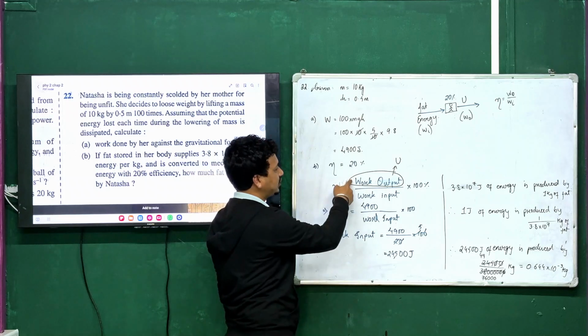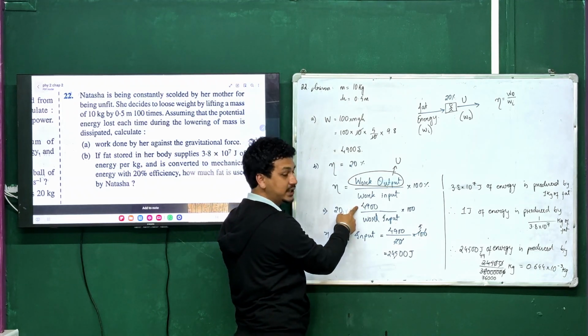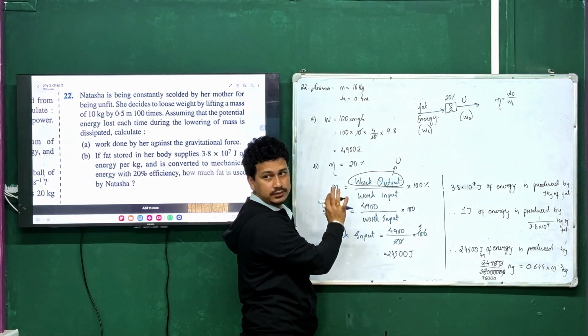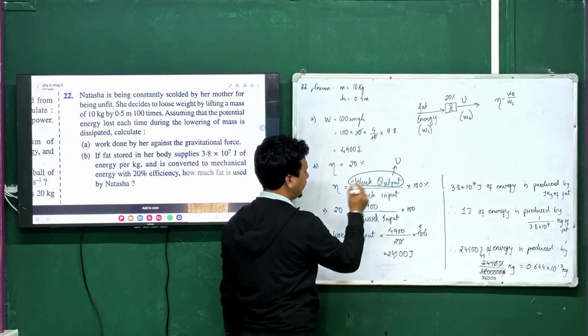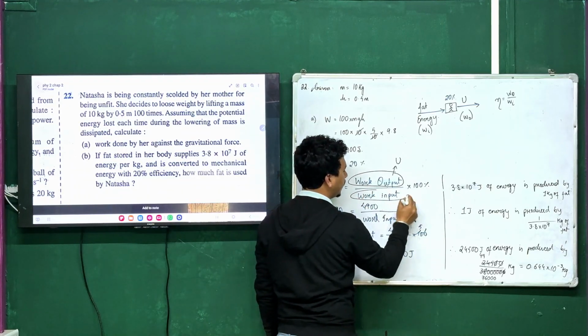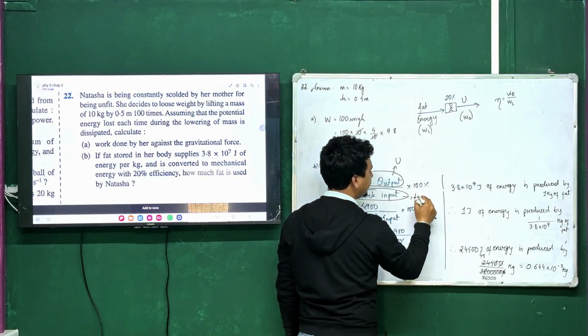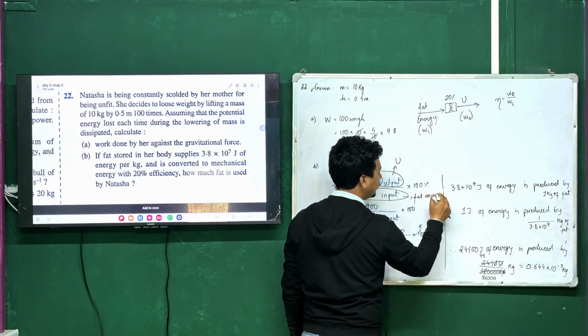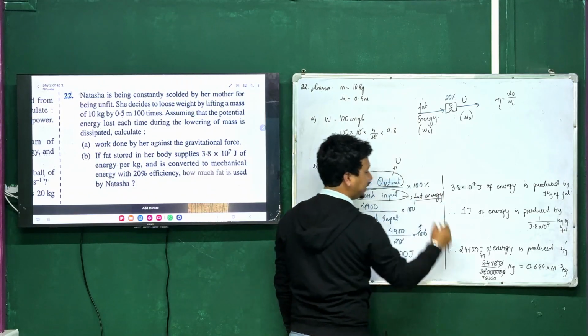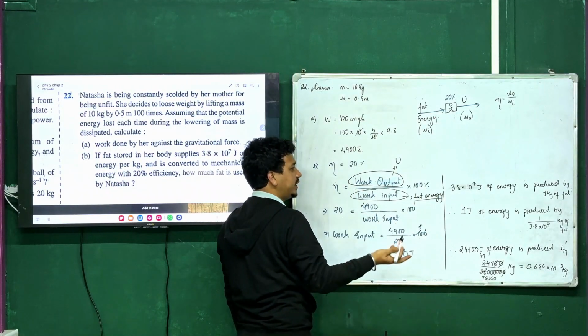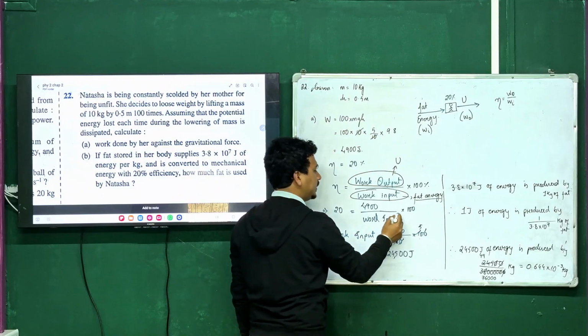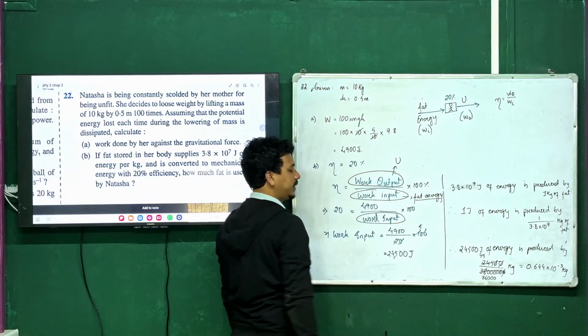So the potential energy was how much? 4900 joules. Then work input. Work input is what? The fat energy, the energy that you are getting from the fat. We don't know how much energy we're getting from the fat, so we wrote it just as work input.